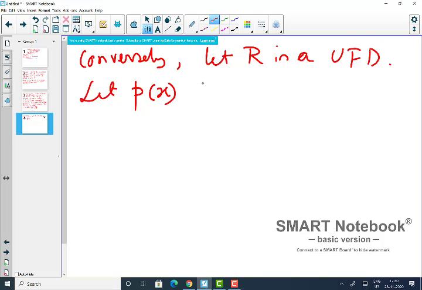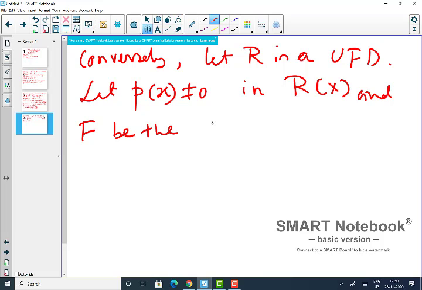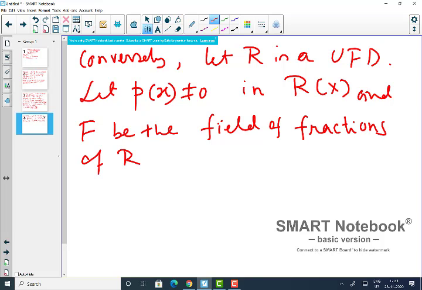If it is a constant polynomial, this is obvious, because constant polynomials are elements of R. So you choose a non-zero non-constant polynomial p(x) in R[x], and let F be the field of fractions of R.